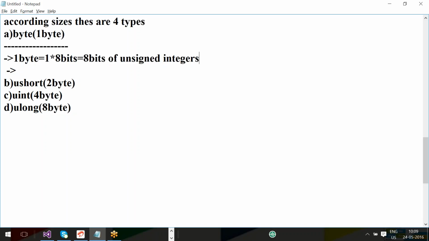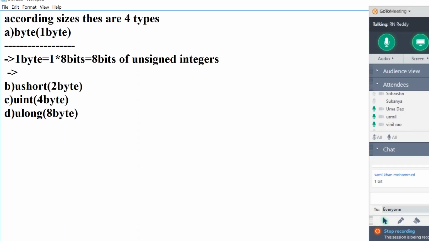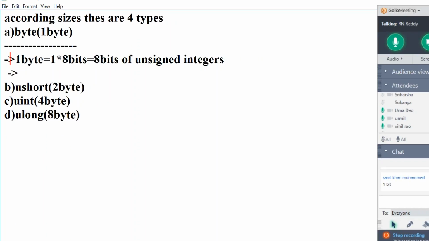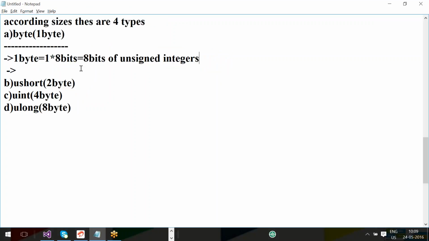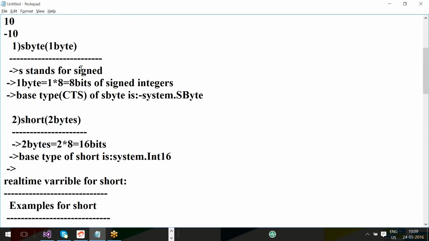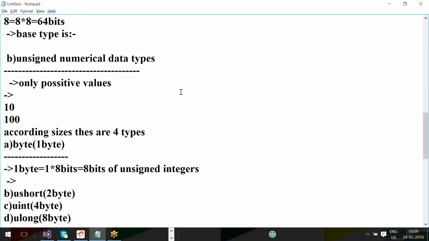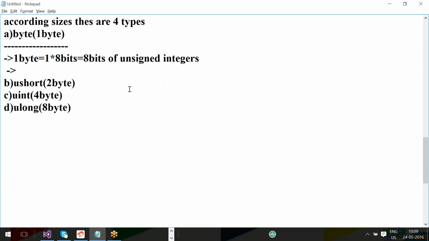The difference between signed and unsigned: an unsigned integer can accommodate only positive values. Internally how it accommodates is not required for a programmer. Just remember one thing: S byte is 8 bits of signed integers, which can be positive or negative. Here 8 bits of unsigned means only positive values.